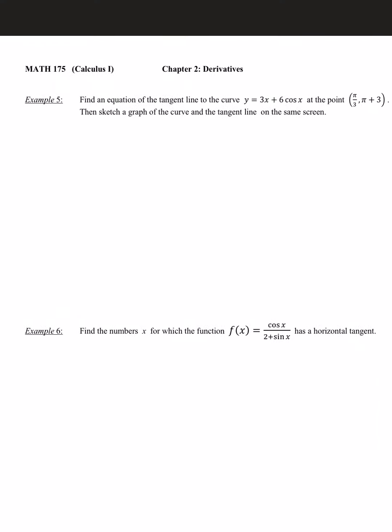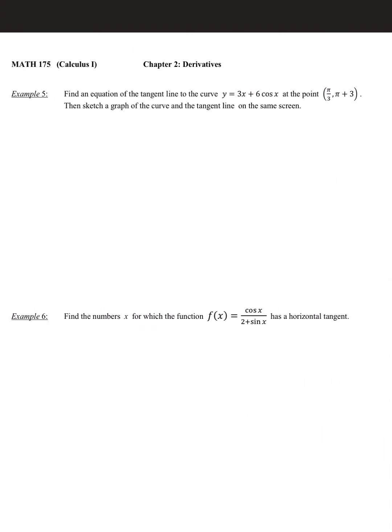Example 5 is one of them. So we're asked to find the equation of the tangent line at the given point. All right, so of course to find the equation of our line, we first want to find the derivative.